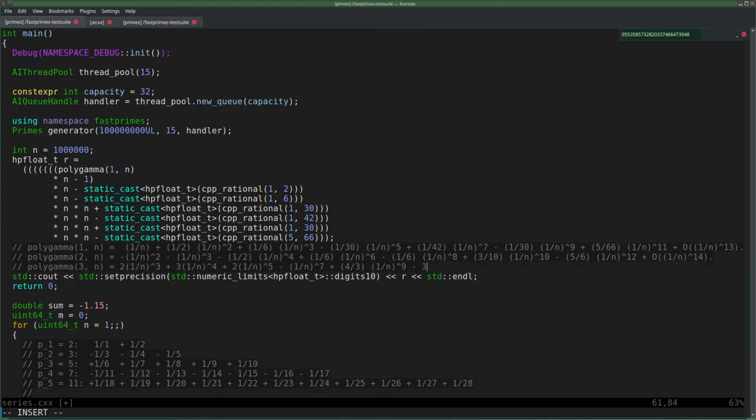Minus 3 times that to the power 11. Plus 10 times 12 is 10 to the power 13. Plus 15.